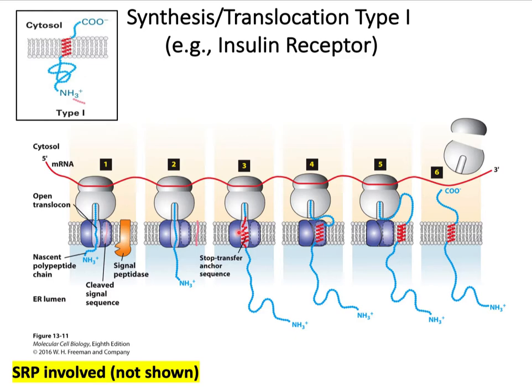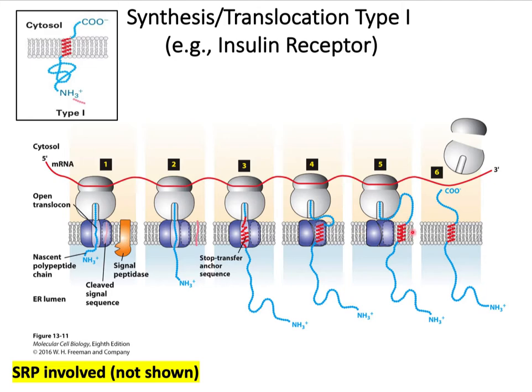So what happens is that as this portion of the protein is being synthesized, it forms an alpha helical stretch because it's made up of hydrophobic amino acids. Then the transmembrane protein will diffuse out of the translocon. As you can see, the transmembrane region is now embedded in the phospholipid bilayer.